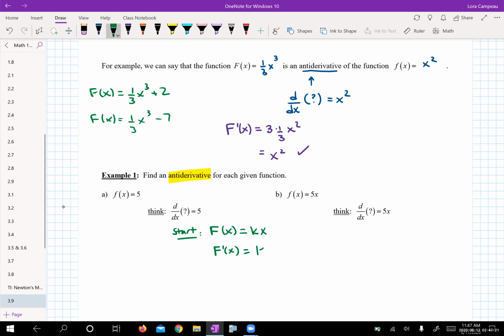What you can do to help you out is set it equal to the 5 that we already see in our constant right here. That already tells us that k is going to equal 5.